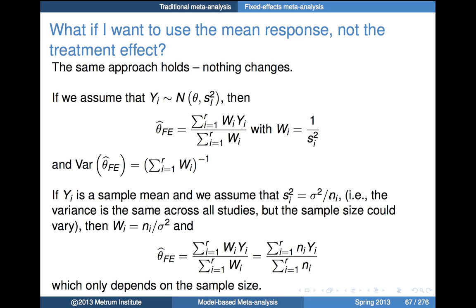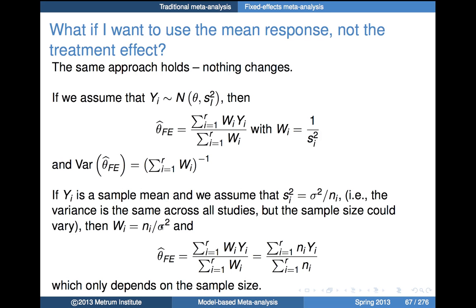Another way of saying that is that the sampling variance of that mean is sigma squared over n. Then the weights, 1 over s i squared, turn into 1 over the quantity sigma squared over n i, which becomes n i over sigma squared. So our weights are n i over sigma squared.